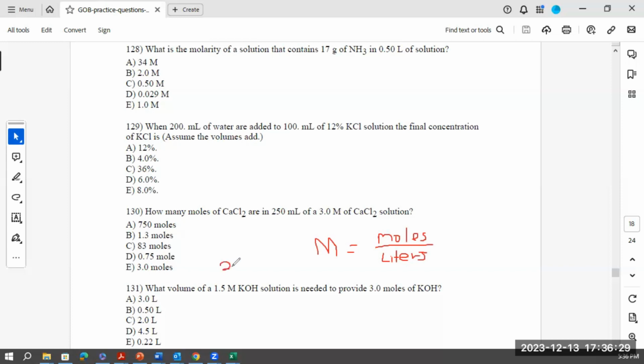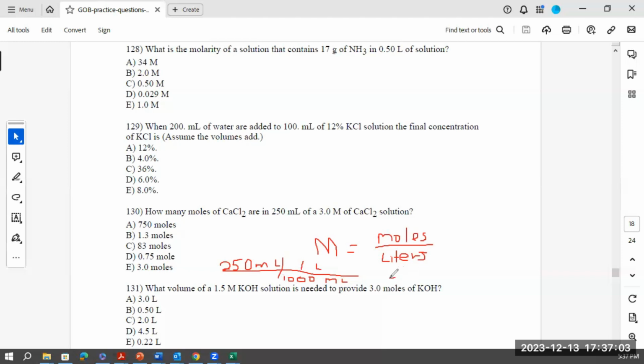We have 250, and we divide that by 1,000 milliliters per 1 liter.